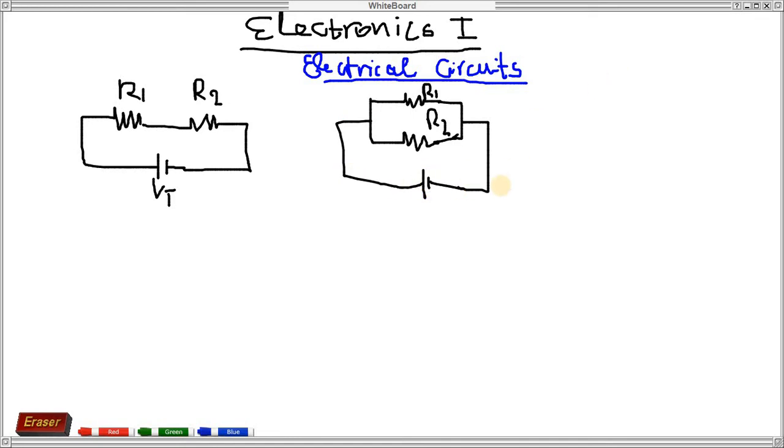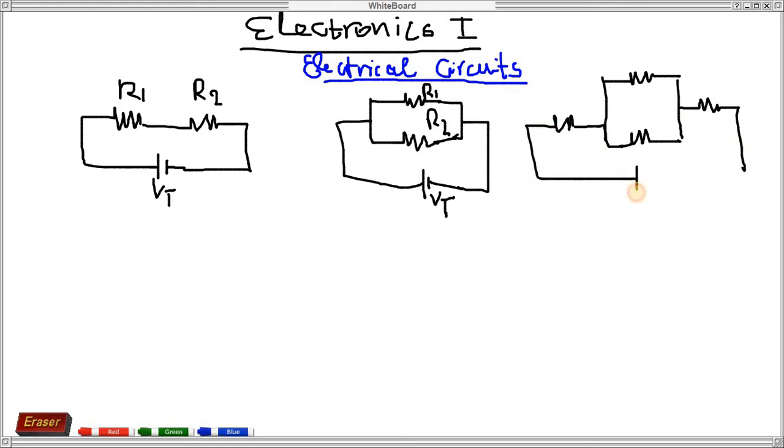And the last one, we have our V total. The last one is the combination of these two, series and parallel circuit. We have one, and we have another resistor that goes back to the negative side of the source. We have our positive, we have our negative. Let's call it resistor R4, resistor R1, resistor R2 and resistor R3.